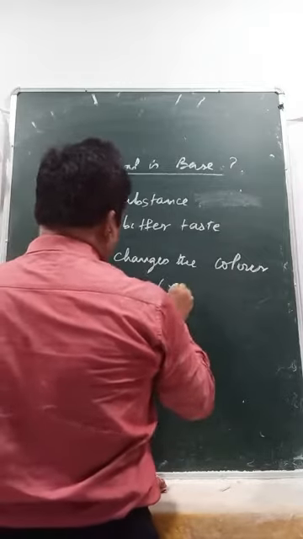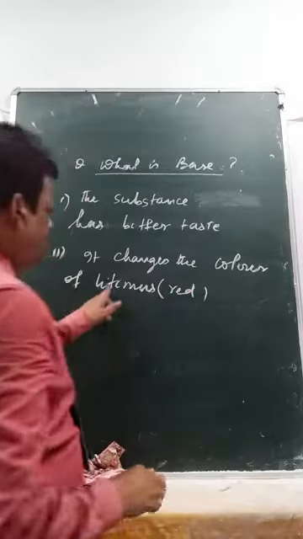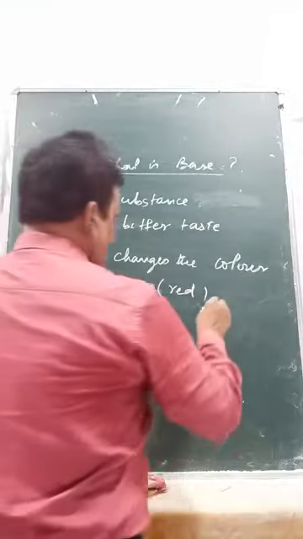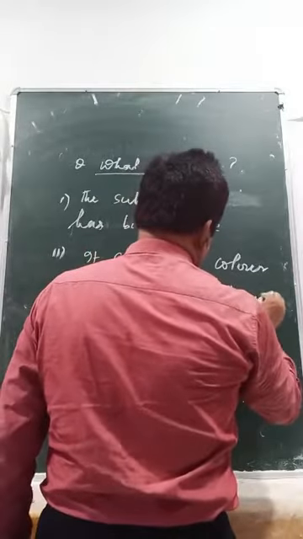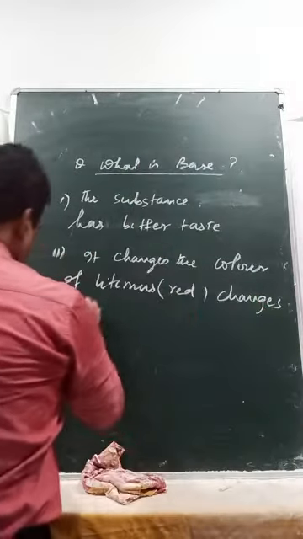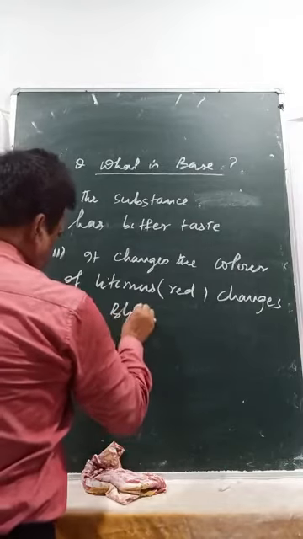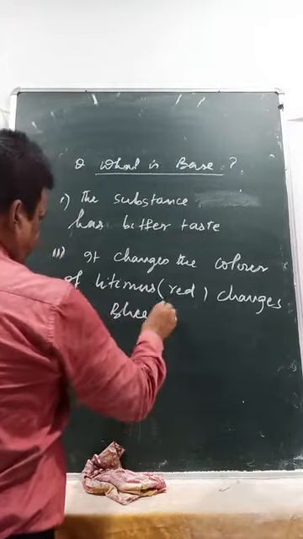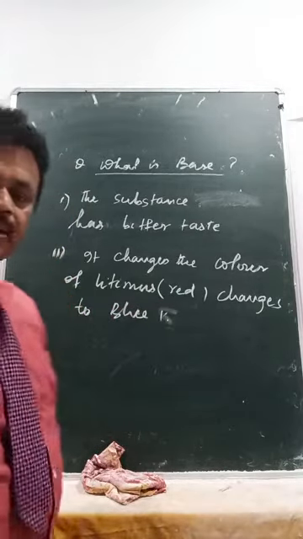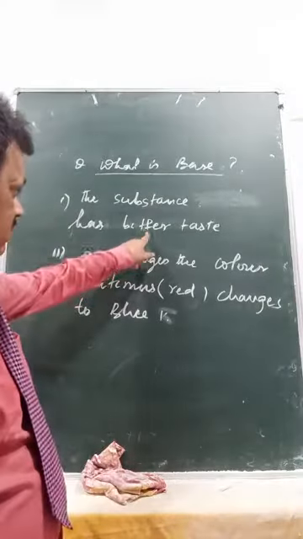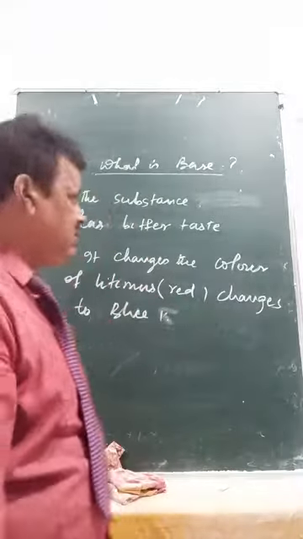What is color here? Red. Red litmus color changes to blue. This is the main one. Second point, one is the taste, other one is the color. Then when dissolves in water.